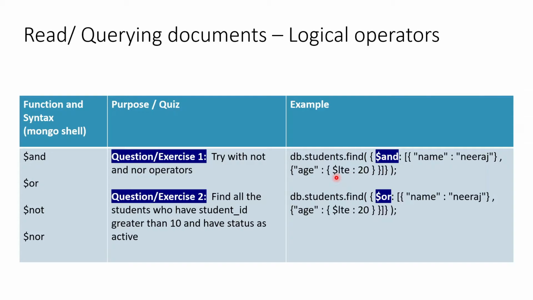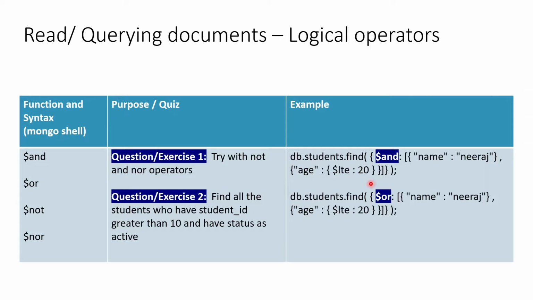Then the closure of this JSON document, followed by the closure of the other JSON document, followed by the closure of this array, followed by the closure of this main JSON document, and finally the closure of our main function. This is how you can specify it. I'm going to show you a demo in a while. Now there is an exercise for you. You can try the same thing by specifying the not and nor operators.